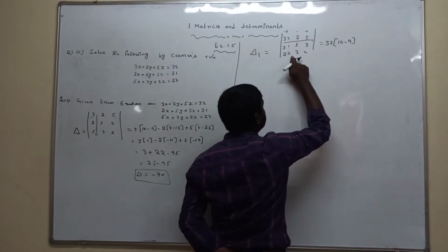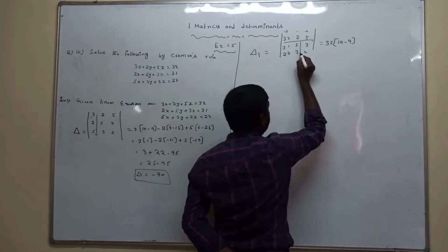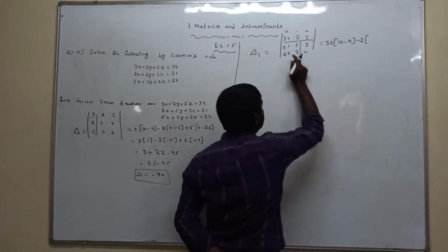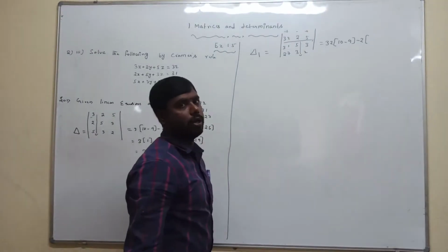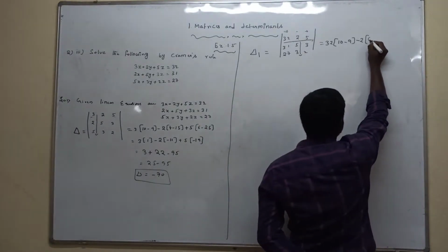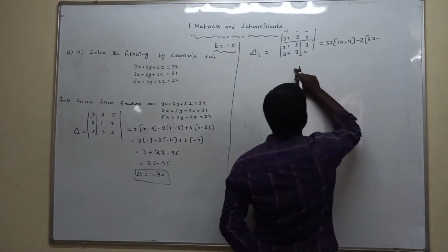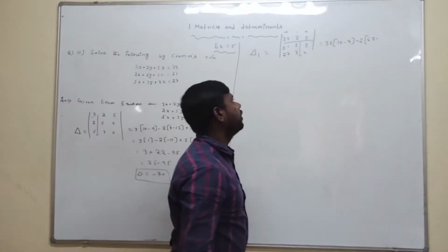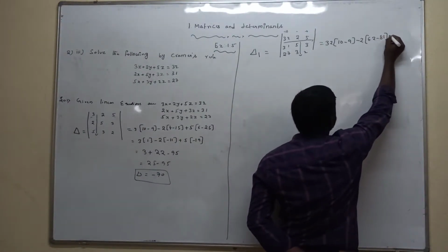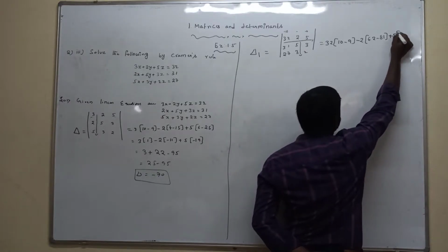The second symbol is minus, the element is 2. The first row and second column of that minus 2 are eliminated. Cross multiply with the left-over elements: 31 into 2, that value is 62, minus 27 into 3, that value is 81. Next, the third symbol is plus, the element is plus 5.